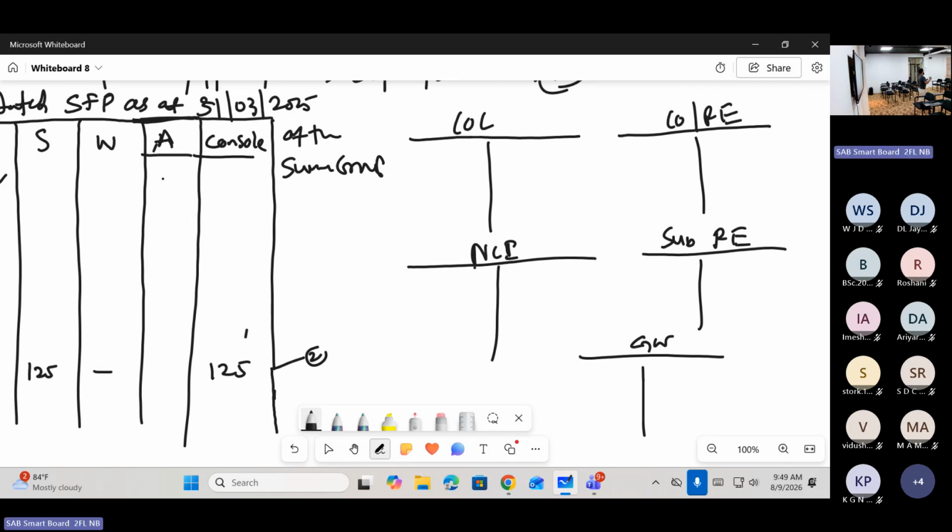But if you are having three companies, what are we supposed to do? Let's say two acquisitions. Then cost of control we need, right? NCI we need.